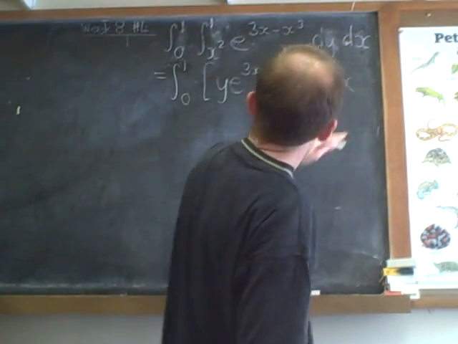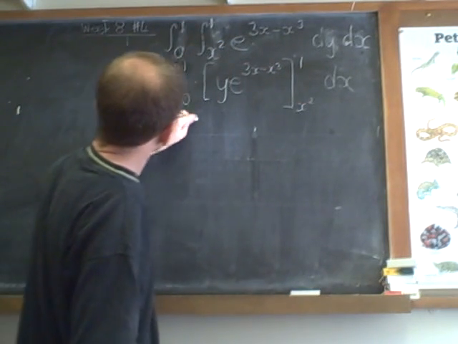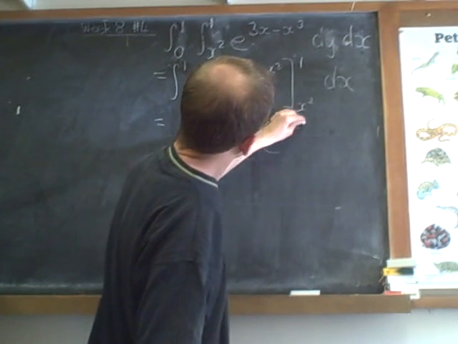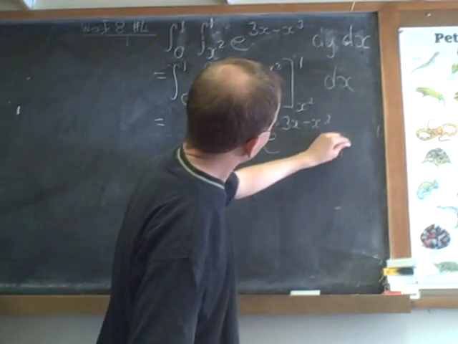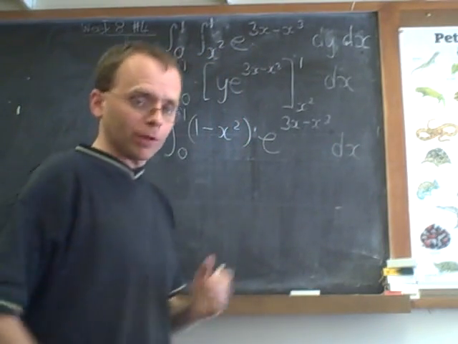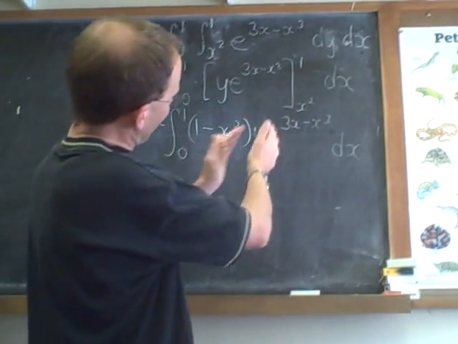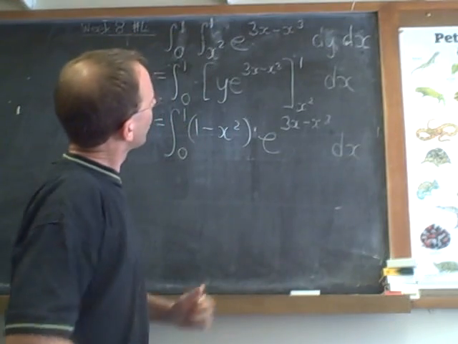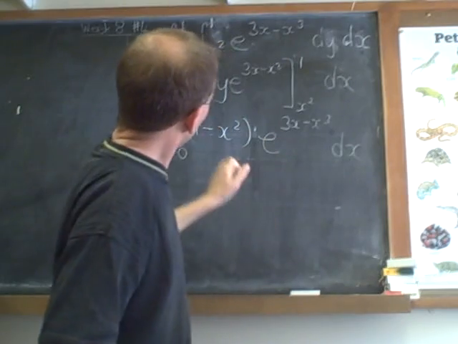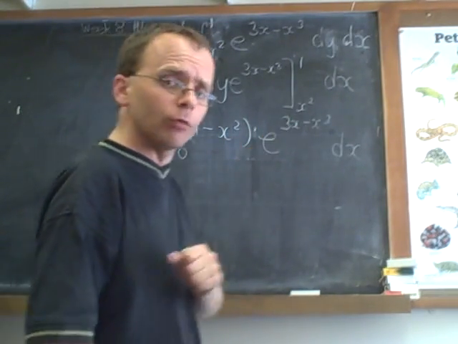And when we do that, we'll get a factor of 1 minus x squared. Now this is the thing we had to worry about. I knew I'd have to worry about this eventually. What integral dx do we end up with at this point? Well, whereas we couldn't integrate the e to the 3x minus x cubed dx, with this extra factor of 1 minus x squared, this is just what we need to be able to do this now.